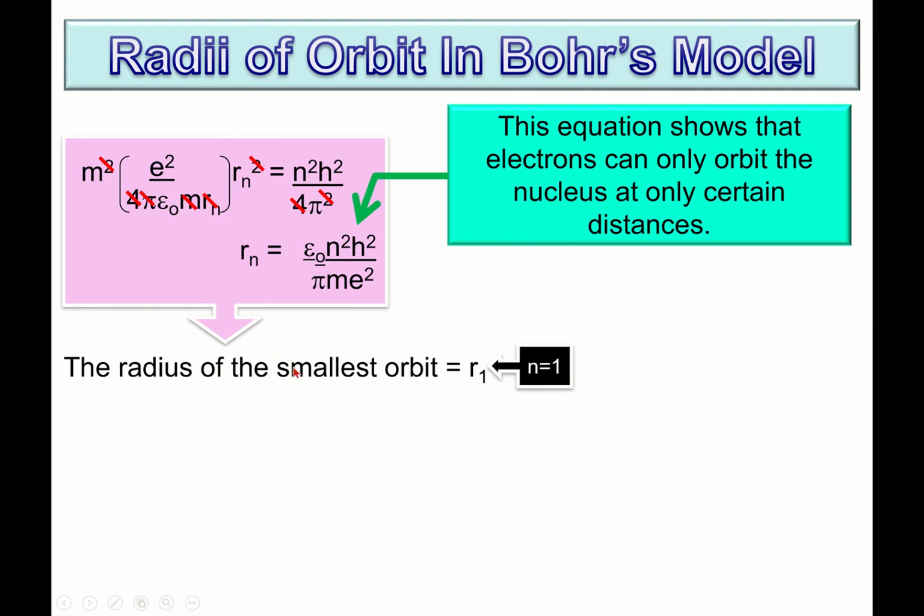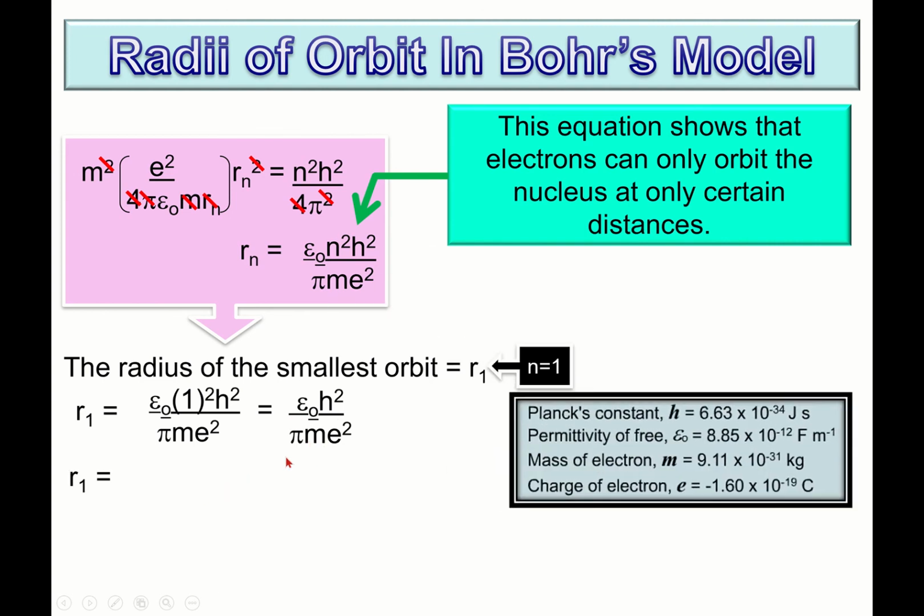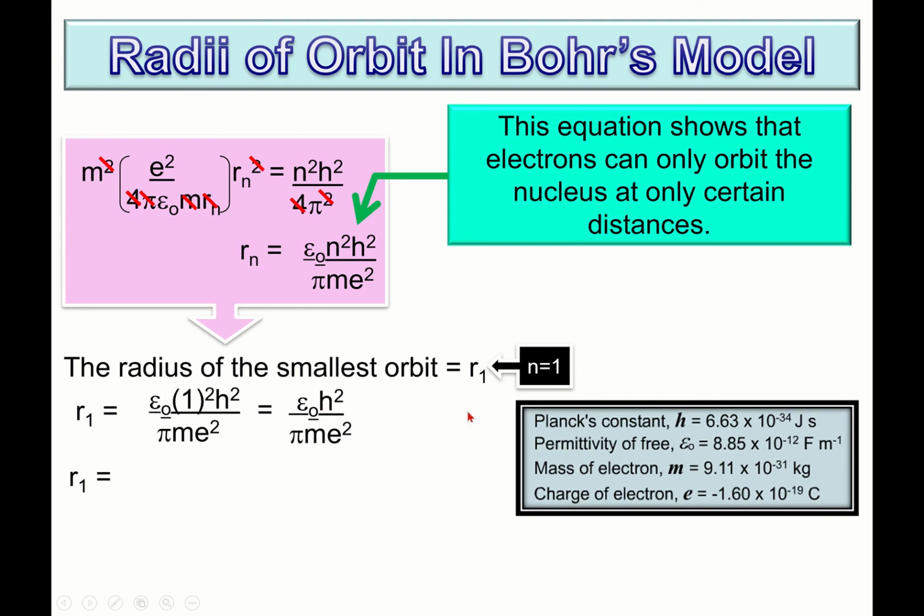So the radius of the smallest orbit equals r1, where n equals 1. We substitute 1 into here, so we get r1 equals epsilon naught h squared per pi m e squared. We substitute epsilon naught, h, pi, the mass of the electron, and the charge of the electron into the equation here.